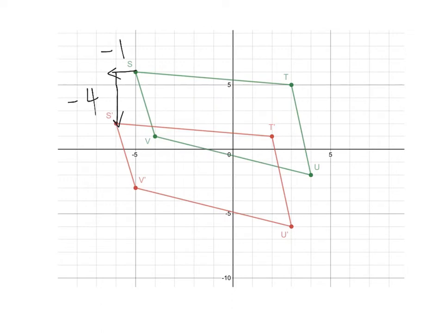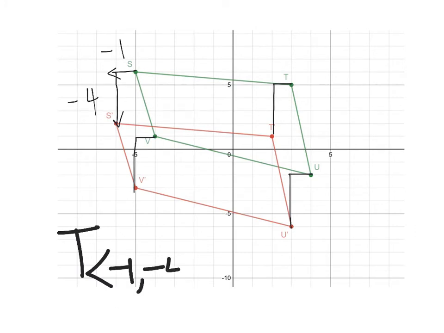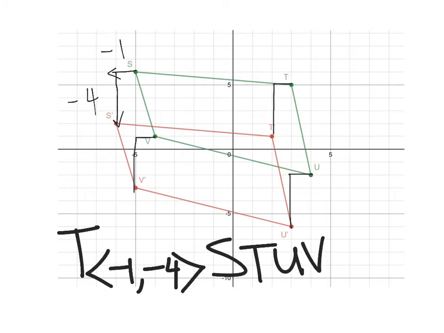I can double check that that works for everything else. -1, down 4, -1, down 4, -1, down 4. And so I write this as a translation of -1, -4 of S, T, U, V.